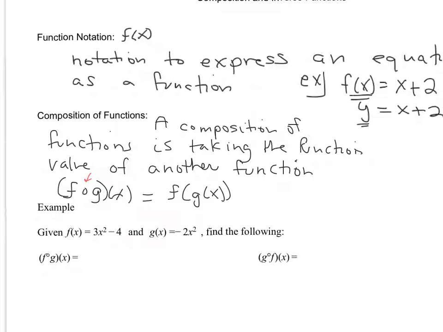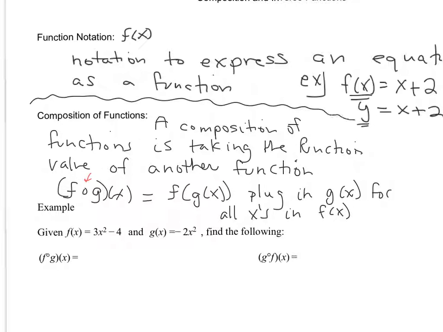So what that means is we will plug in g of x for all x's in f of x. So everywhere we see an x in f of x, we'll put in the function g of x. That is what a composition is. If you think of composition in like English or something, it's putting things together, which essentially is what we're doing with these two functions.